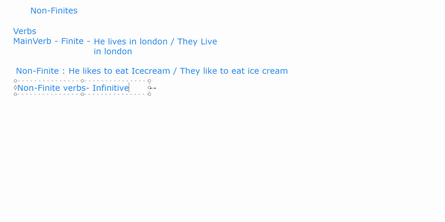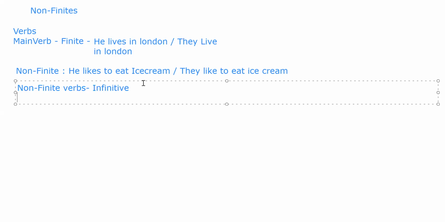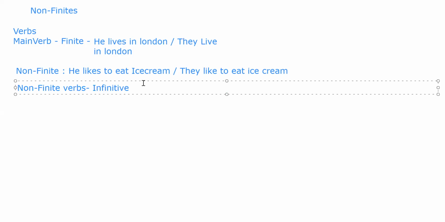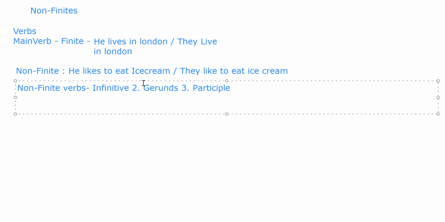And we have the second form as gerunds. And the third form is a participle. So in today's lesson, we will first cover infinitives.